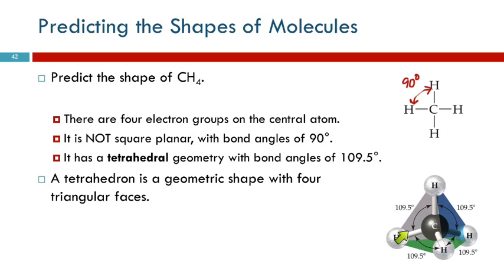What happens is 3 of these kind of push down, and the 4th one is sticking up. And in this way, the angle between any 2 hydrogens is 109.5. That's more separation than 90 degrees. This shape is called a tetrahedron. Tetra meaning 4, hedron meaning a shape with sides, right?